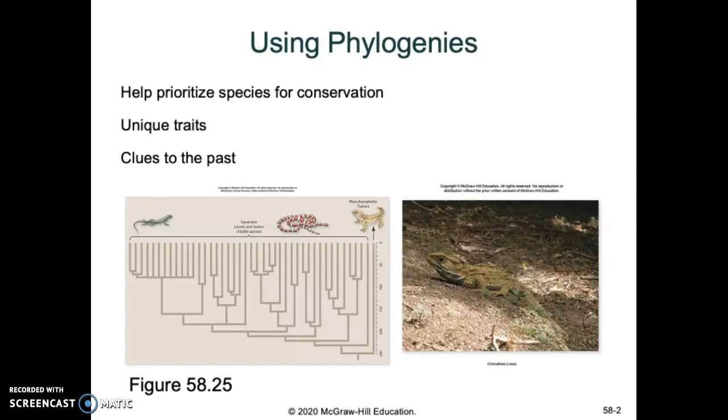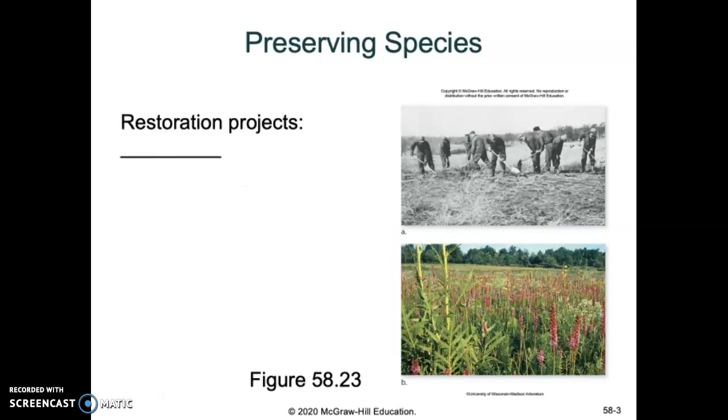So once we decide which species to preserve, we have to put together a plan. And as you were glancing at the IUCN Red List and the DNR site and those other things, there's conservation plans listed if we have one for a certain species. So what we do is we create a thing called a restoration project. You guys want to get deep into this? Take the environmental science course. That's one of your major projects.